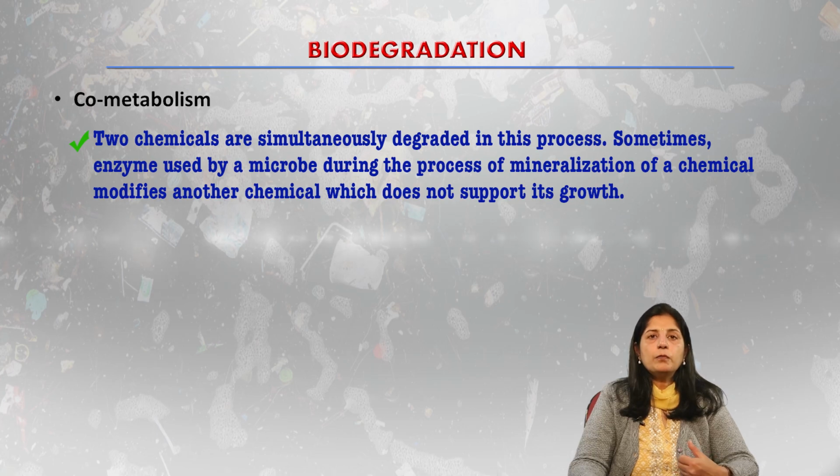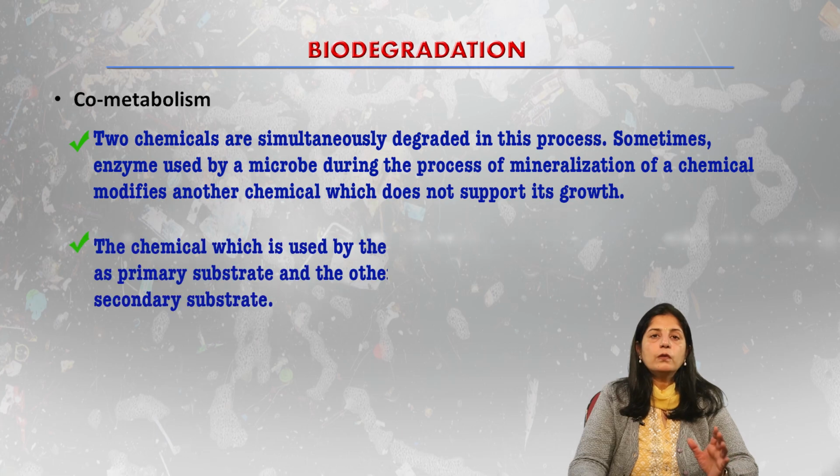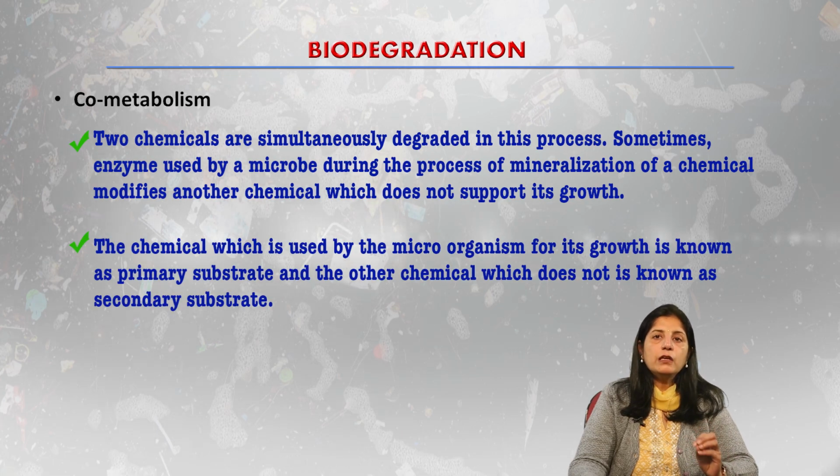Sometimes the enzyme used by a microbe during the mineralization of a chemical modifies another chemical which does not support its growth. The chemical which has been used by the microorganism for its growth is known as the primary substrate, and the other chemical which does not support its growth is known as the secondary substrate.